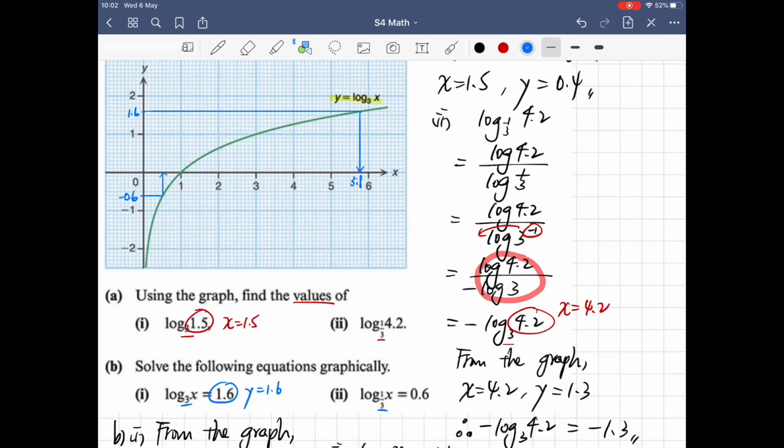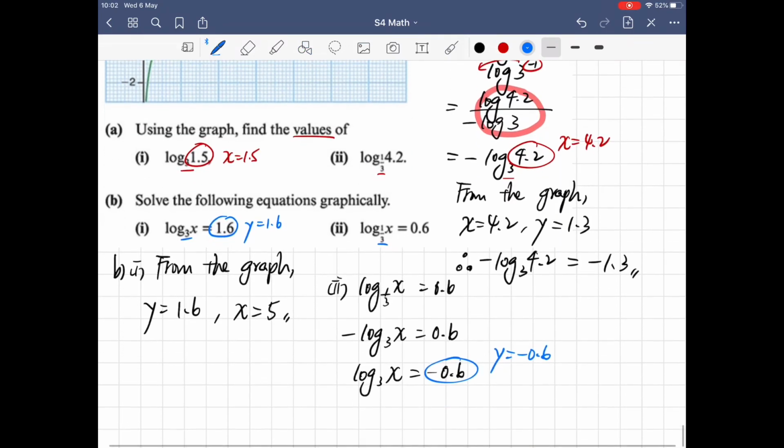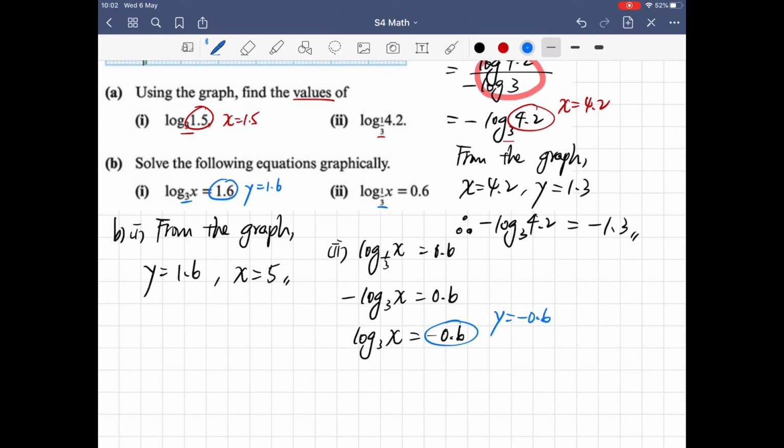And we can see the value is 0.5. So therefore, from the graph, when y equals negative 0.6, x equals 0.5.